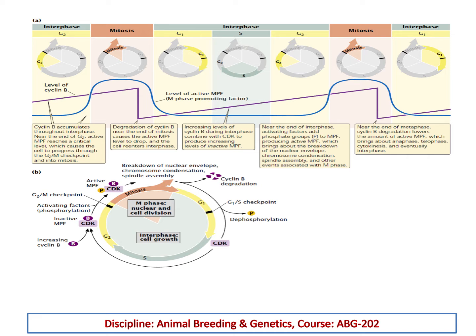Once the cell is divided, it will gradually go down because the level of the cyclin B has dropped all of a sudden. Now if the cell is going for cell division, in the G1 phase, gradually the level of cyclin B is again going to rise.